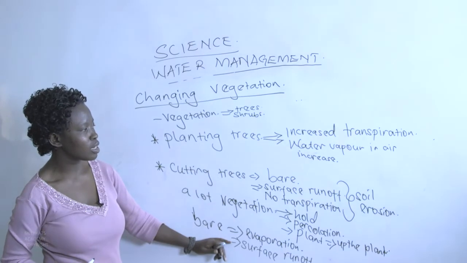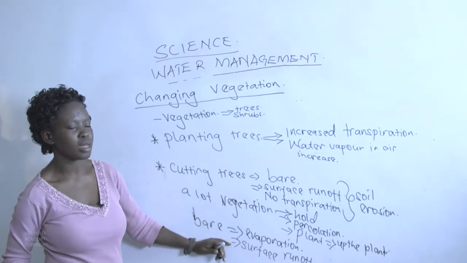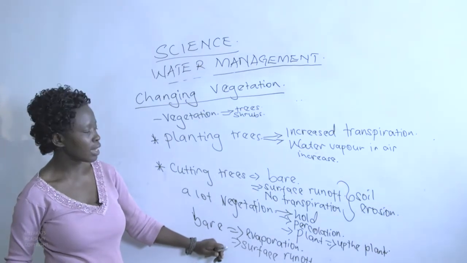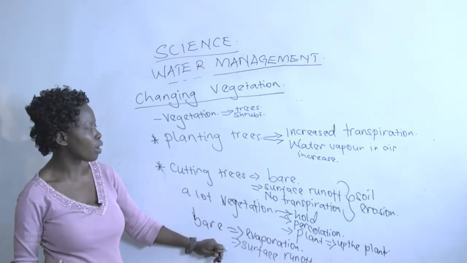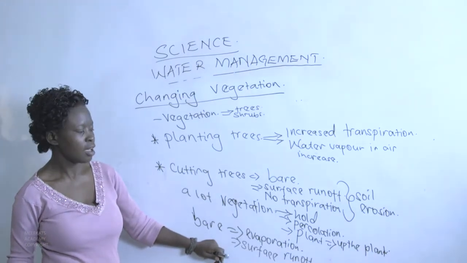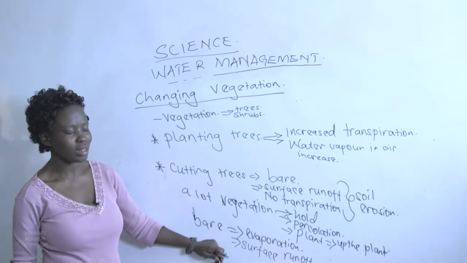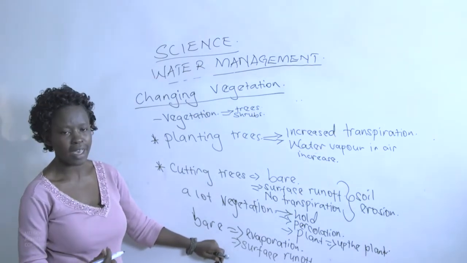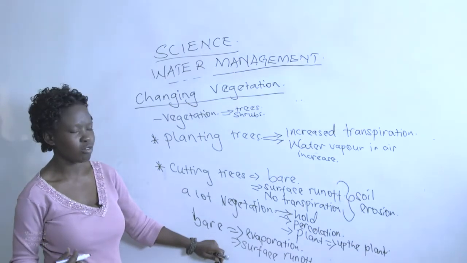So as much as we need to change the vegetation of a given area, maybe at some point in life you will have to carry out an activity whereby you are required to change the vegetation available in that area. First, you need to look at the effects of changing this vegetation from whatever is there to another type of vegetation.